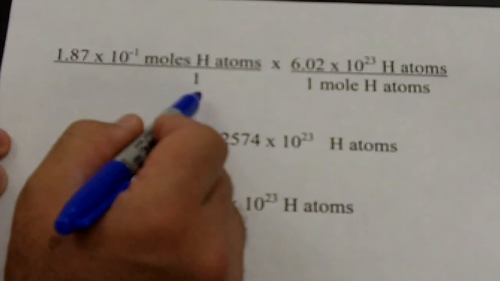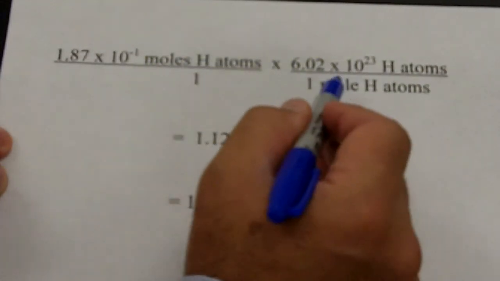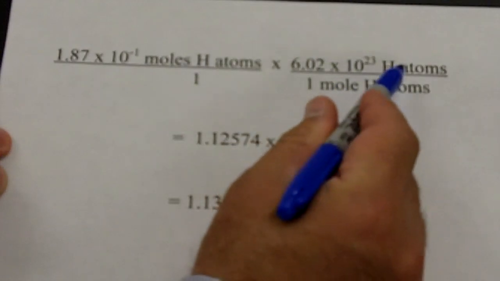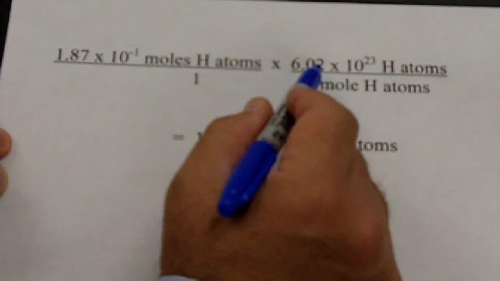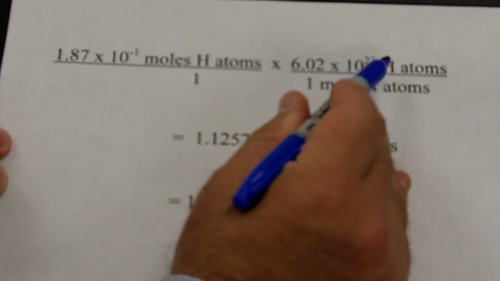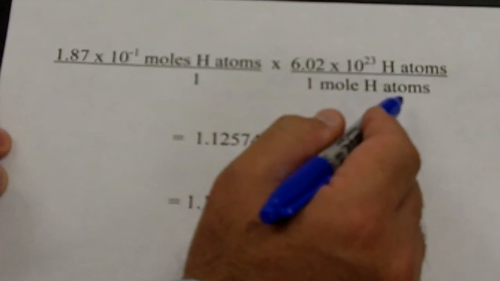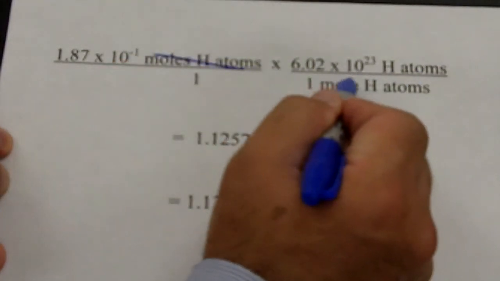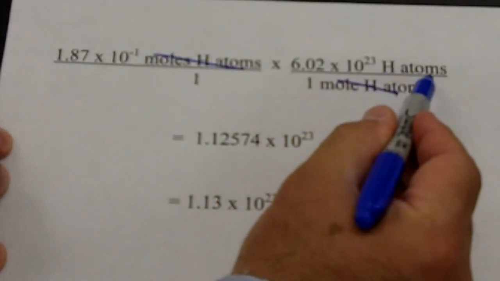Reset it over 1 times whatever unit's on the upper left goes on the lower right. Whatever unit I want goes on the top. There are 6.02 times 10 to the 23rd hydrogen atoms per mole of hydrogen atoms. Now moles of hydrogen and moles of hydrogen will cancel, and I'm left with hydrogen atoms.